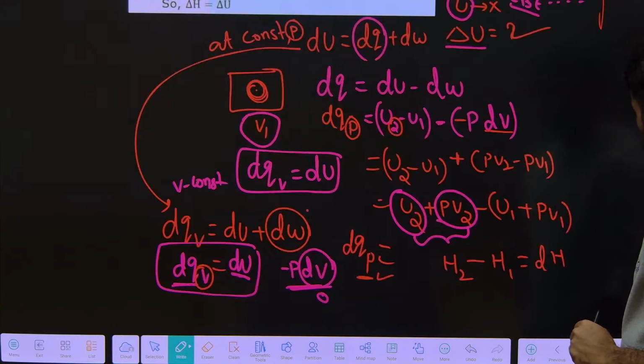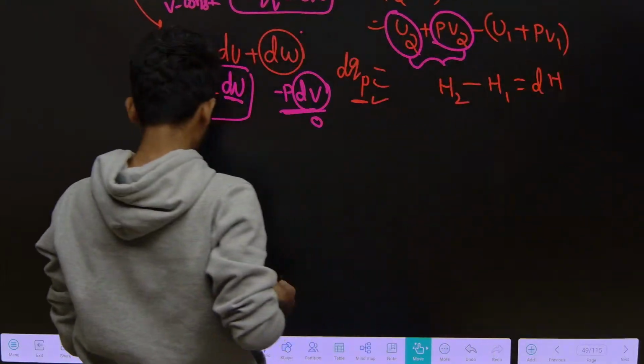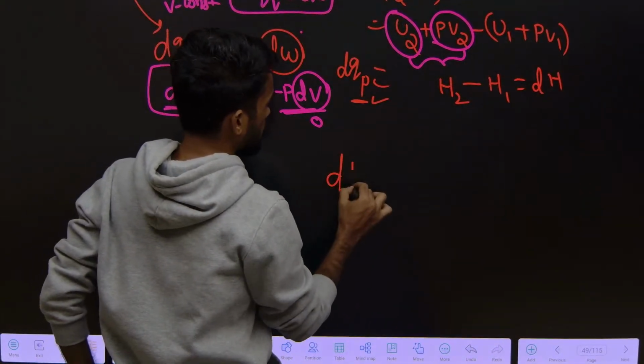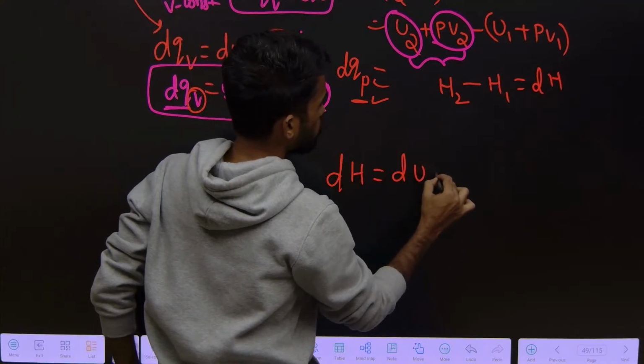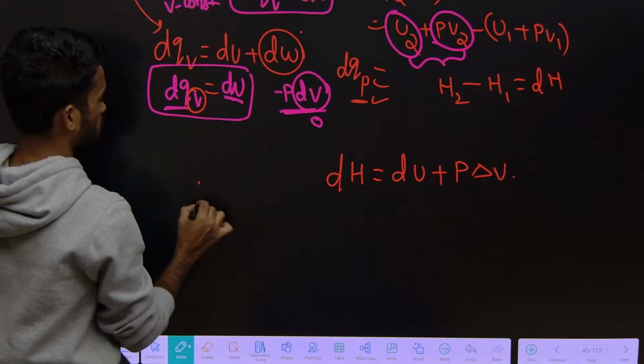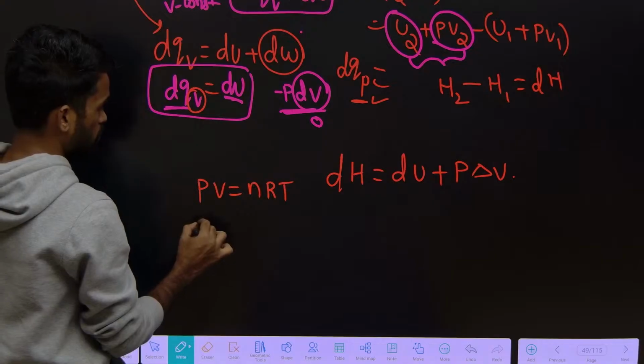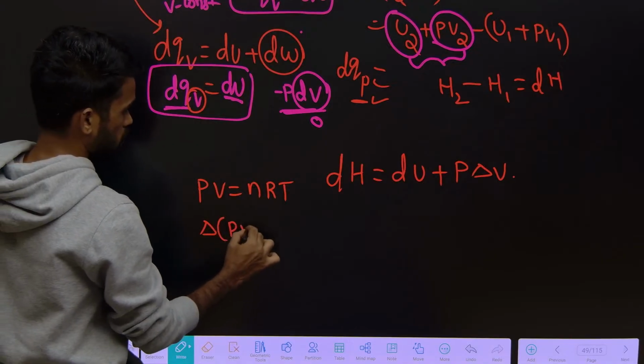Next, let me show you that question. So finally, what is the relation we got between enthalpy and internal energy? dH equals dU plus PdV. From the ideal gas equation we have PV equals nRT. So from this I am applying delta on both sides.